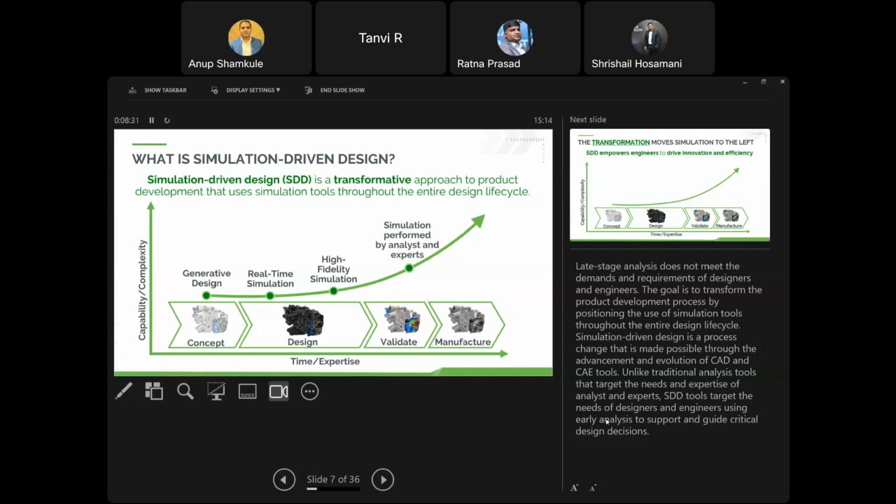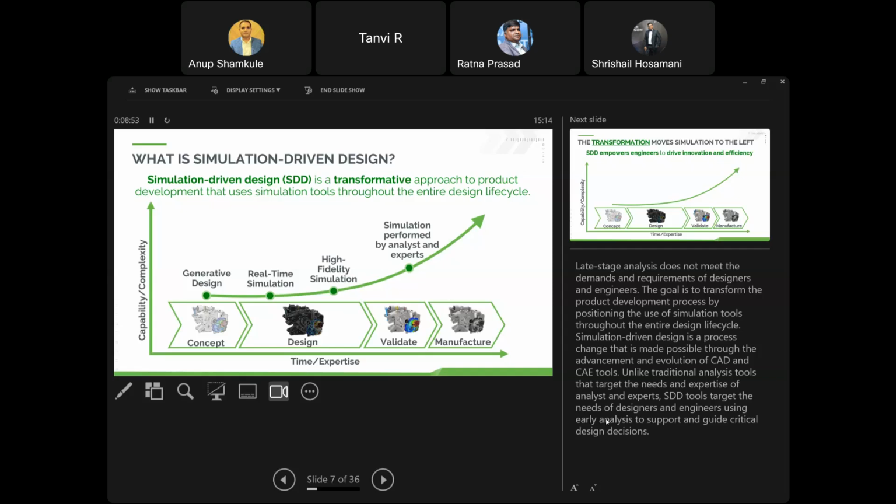That analysis engineer has to evaluate these 10 concepts so that he can tell the design engineers which is the best concept, so they can go ahead with the detailed design, maybe in 2D or 3D, and then proceed with the further product analysis cycle.